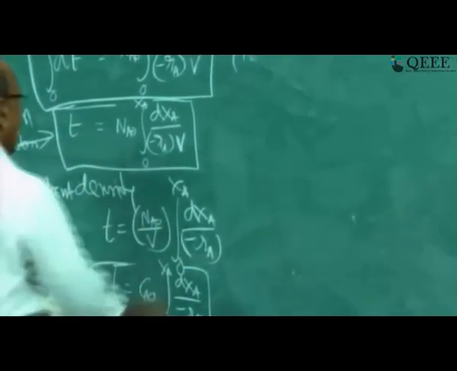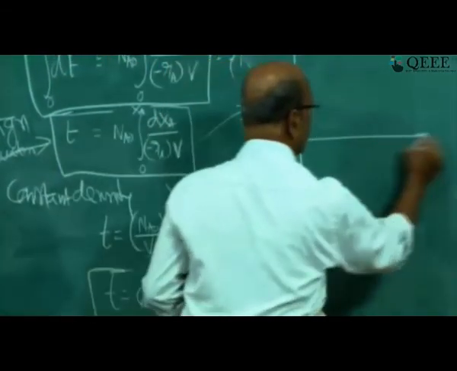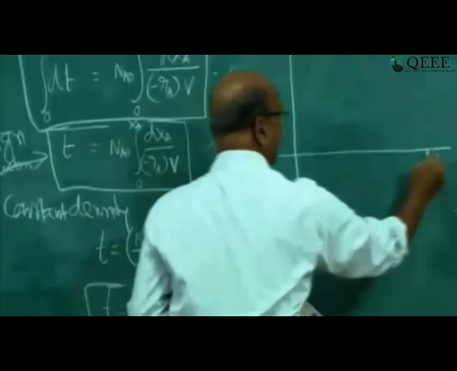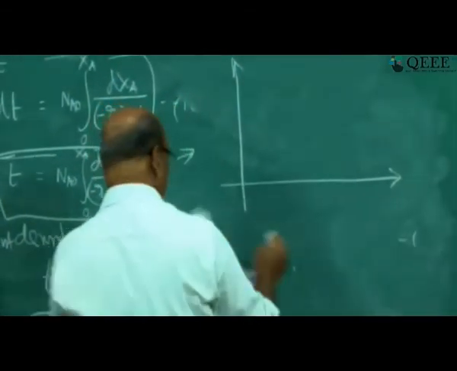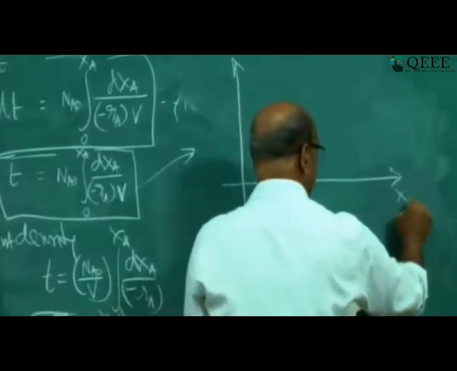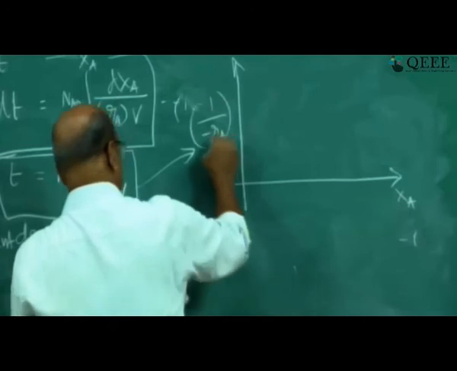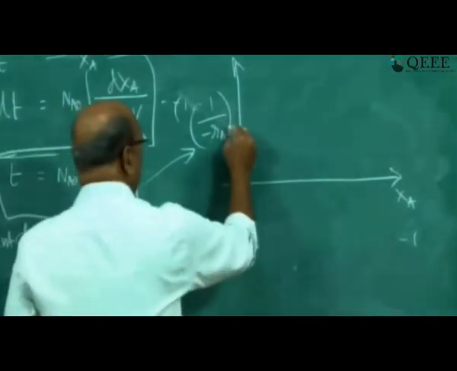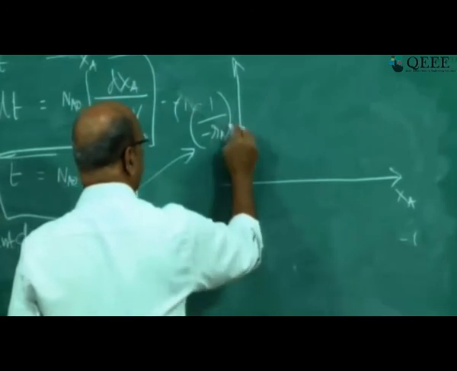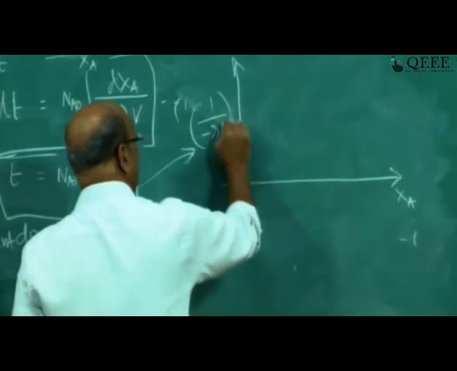Okay, good. So now let me plot this equation. When you plot this, I will plot this one as Xa, and this one as 1 by minus Ra. Or rather, I am plotting this, it will actually be minus Ra into V. That V I will put here.